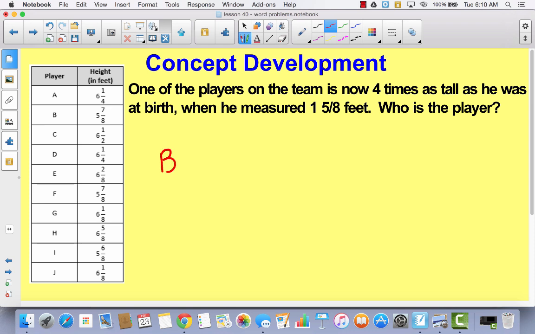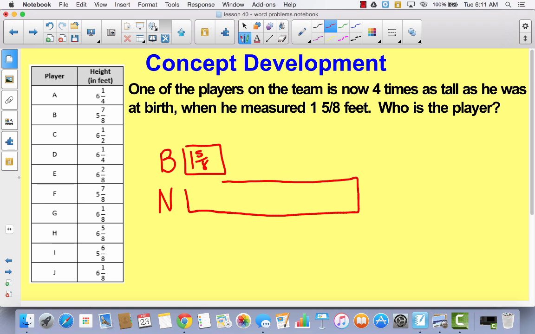So I'm going to label this B. So how big was he at birth? He was 1 and 5/8 feet. And it says now, so I'm going to call that N, now he is how many times as tall? 4 times as tall. So that means I'm going to make 4 1 and 5/8.